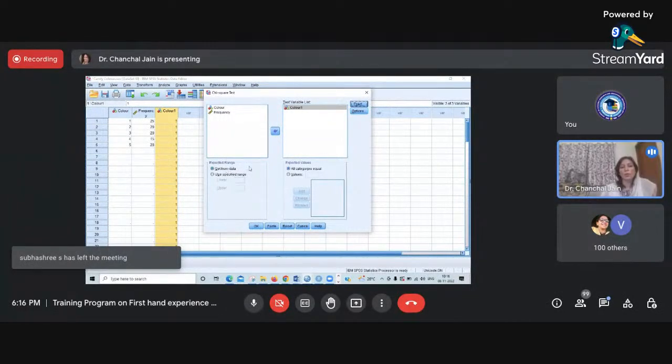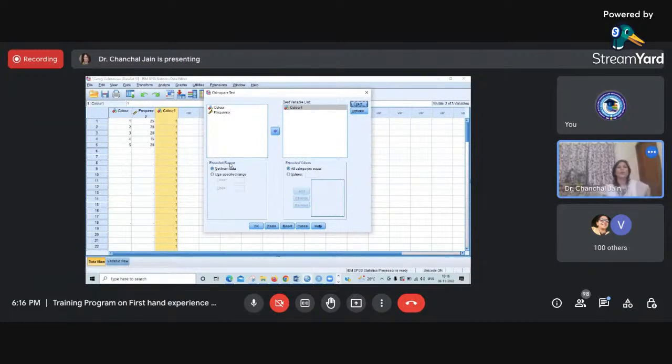Now I'm talking about the remaining two boxes at the lower side. You can see the left box is titled expected range. So for the expected range of the data, the default option is get from the data. Second is use specified range.